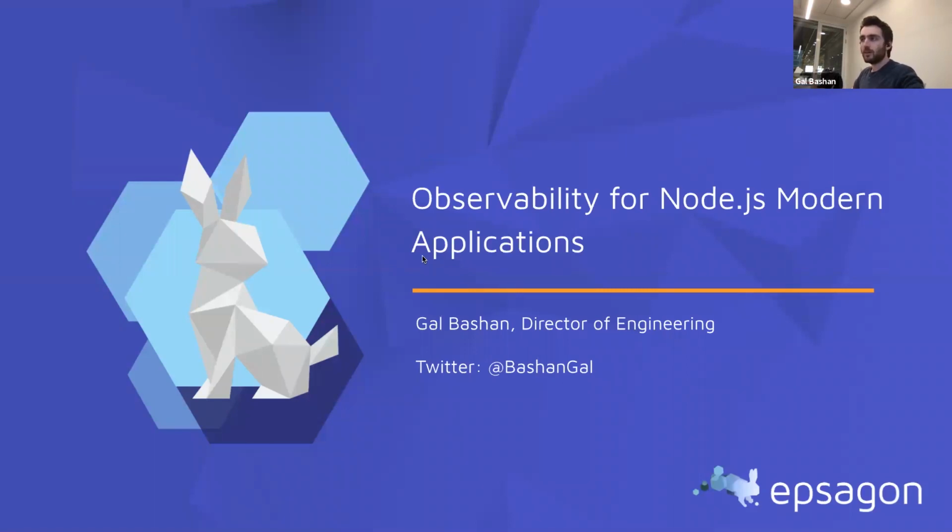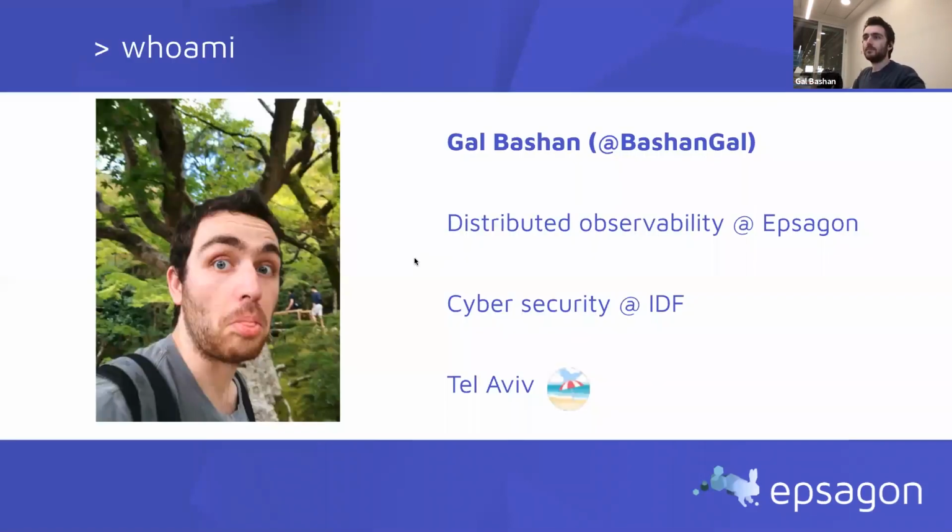But before we talk about any of that, let me just quickly introduce myself. So I'm Gal, and I'm the Director of Engineering at Epsagon, which is a company that specializes in observability in modern distributed applications, the things that you would normally call Cloud 2.0 or Cloud 3.0: serverless, containers, Kubernetes.